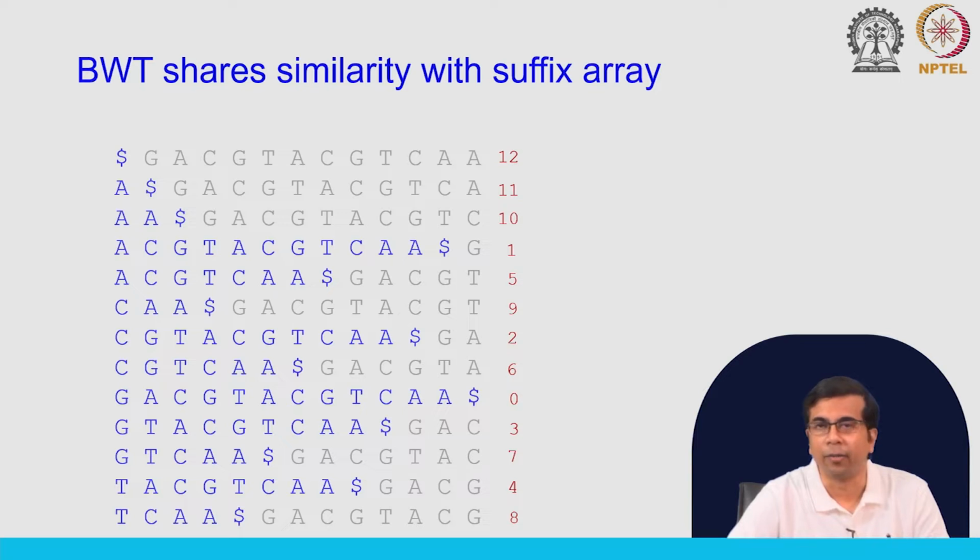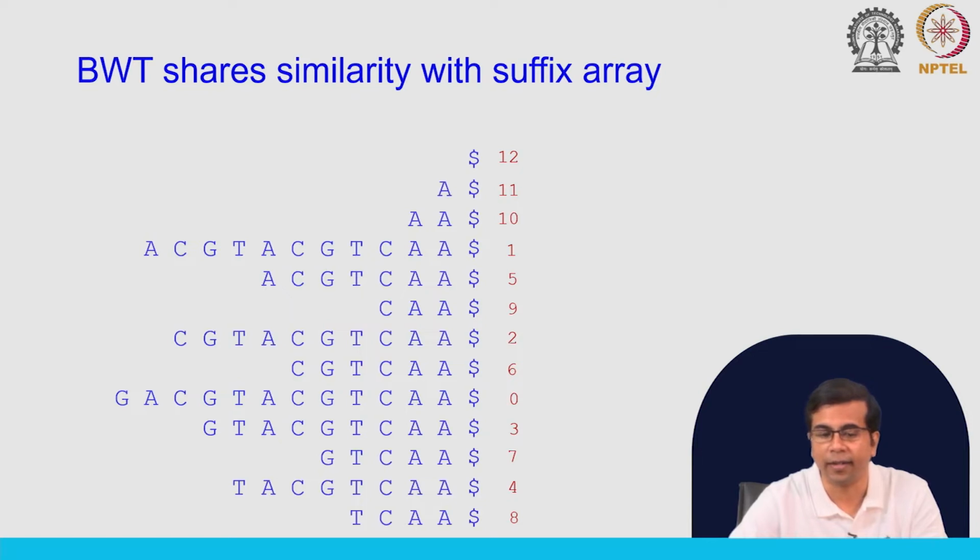What is also very interesting is that these are all lexicographically sorted. Remember, when you store the suffix array, we do the lexicographical sorting. Here the Burrows-Wheeler transform requires this lexicographical sorting, and this automatically gives you the suffix array. Along with the positions you get all the suffixes, and we can write it in a slightly different way.